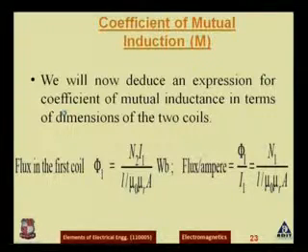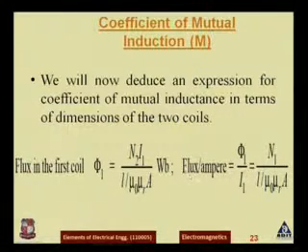Let us assume that the flux in the first coil, phi 1, is equal to N2 into I1 divided by L divided by mu naught mu r into A Weber. What is this L divided by mu naught mu r into A? It is the reluctance. And what is this N2 into I? It is the MMF or the magnetomotive force of the coil, right?